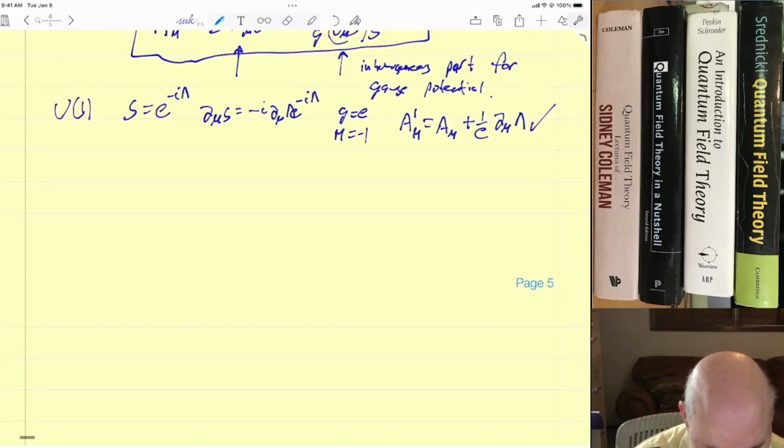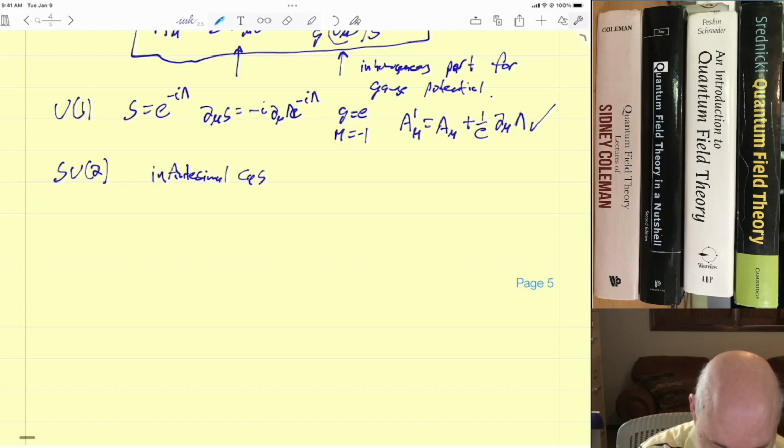And then let's try the same thing for SU2. Now here we're going to verify in the infinitesimal case. So we have S equal to e to the i over 2 tau dot lambda, which is equal to 1 plus i over 2 tau dot lambda.